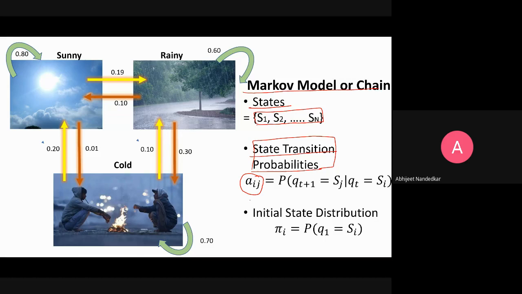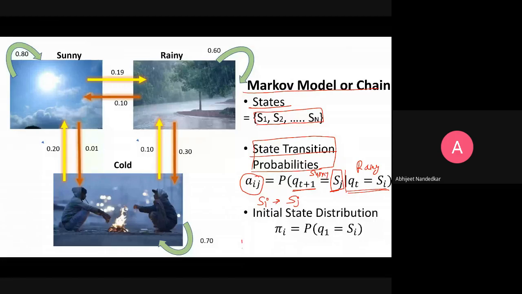Aij is the probability that the next state, Qt+1, equals Sj, when you are in the current state Si. So given the condition that you are in state Si, suppose Si stands for rainy, what is the chance that you will face a sunny day next time?